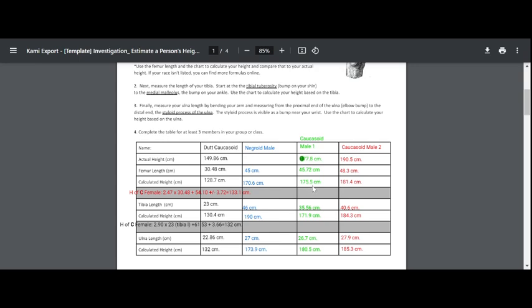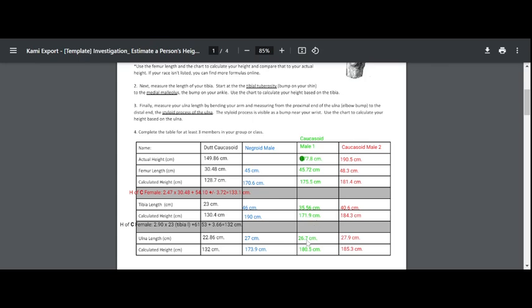So as you can see, this height is very close to his actual height. 175.5 centimeters is very close to 177.8 centimeters. Okay, so for the male Caucasoid 1 tibia length, we have 35.56 centimeters, and for the calculated height, we have 171.9 centimeters. Okay, so that's kind of close to the actual height.